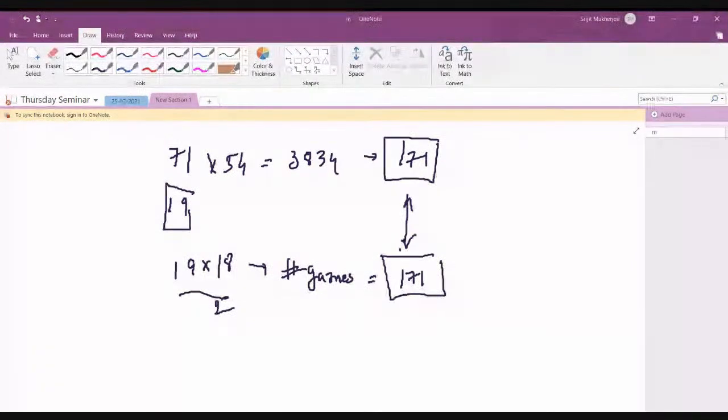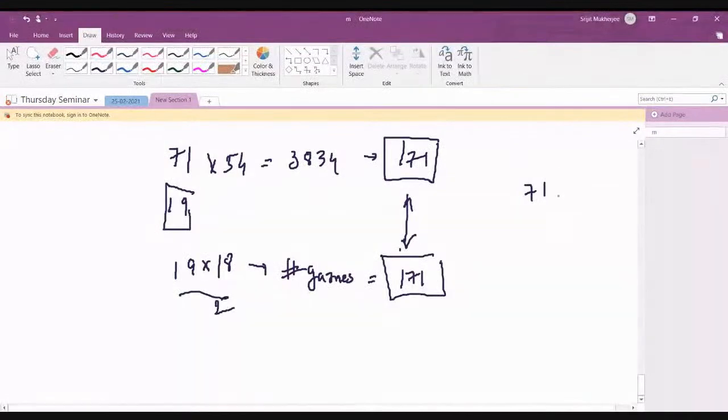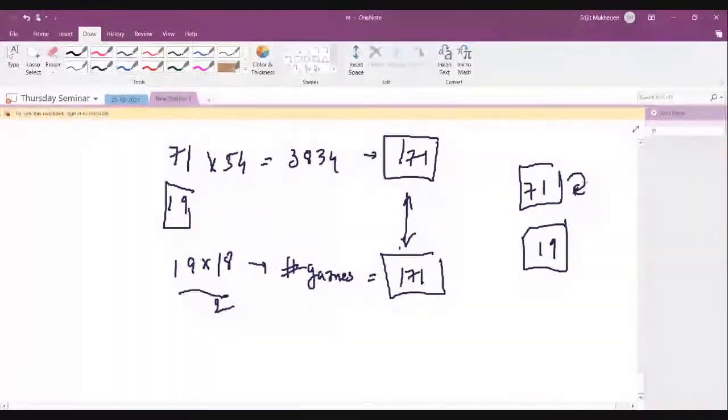So this is what happened. The 71 players who are at 54 or above, and the 19 players, for each one of them it ended in a tie, and here they won alone.